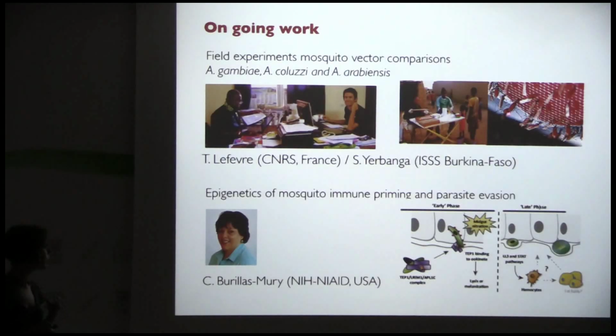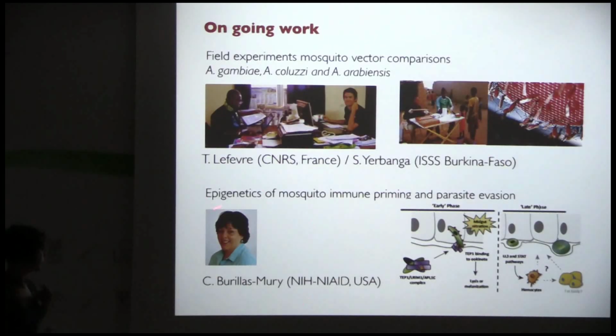So we aim to compare infections in different mosquito vectors: gambiae, coluzzii, which is a different species, and then arabiensis, which is farther away, to see to which extent the patterns that we see in Anopheles gambiae are different in these two other mosquito species. And this we will do in Burkina Faso in collaboration with Thierry and Serge.